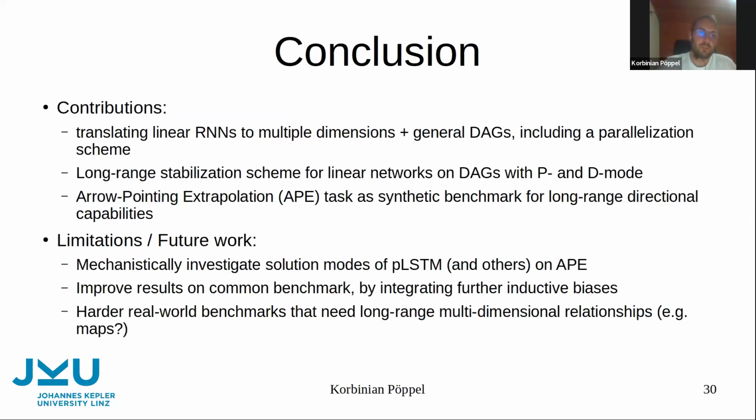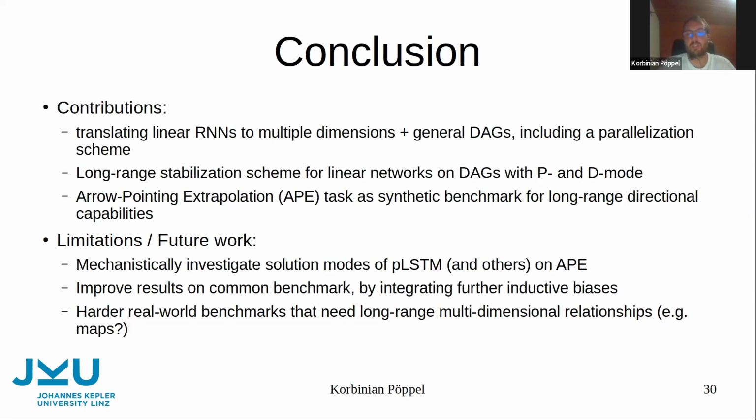So with this, I want to conclude. The contributions of this work are: we translate linear RNNs to multiple dimensions and general directed acyclic graphs, including a parallelization scheme that resembles what we have with the parallel associative scan for sequences. We derive long-range stabilization modes for these linear networks on DAGs.